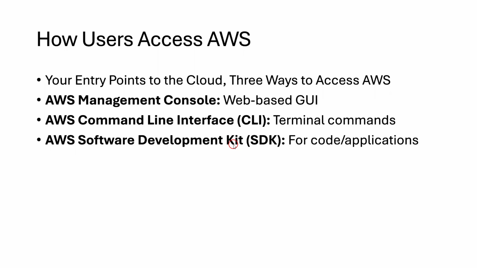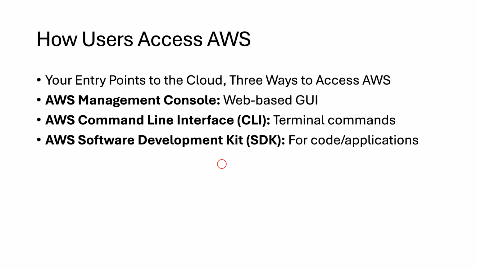In that case, you can use the Software Development Kit, SDKs, for that. So there are three ways of accessing AWS, and knowing these three ways is essential for you as a developer. Okay, so let's dive in.